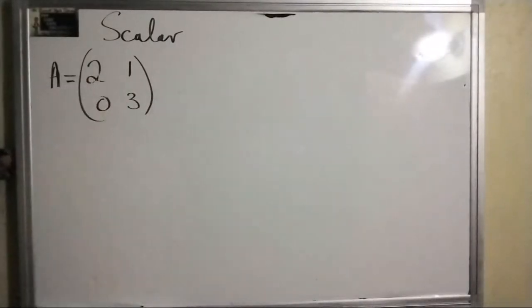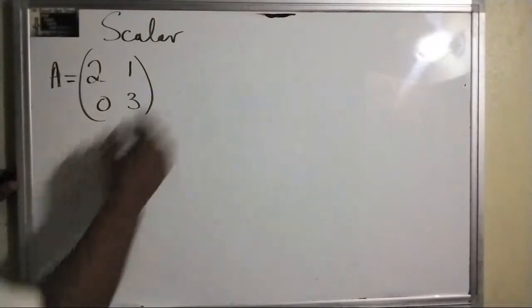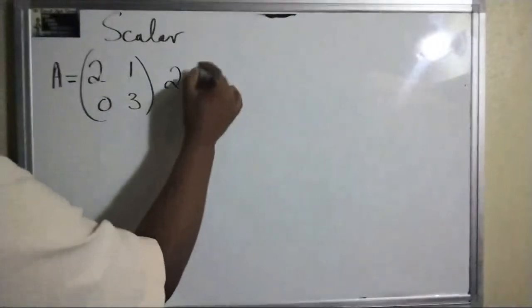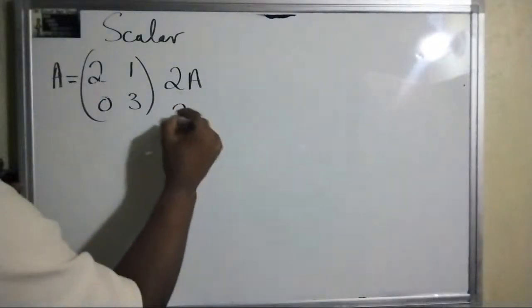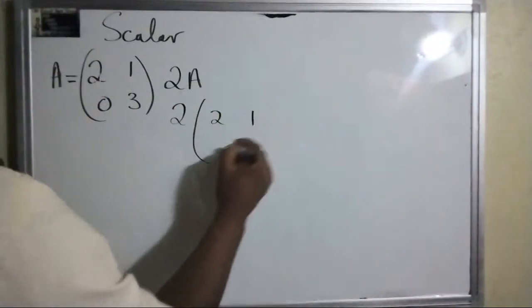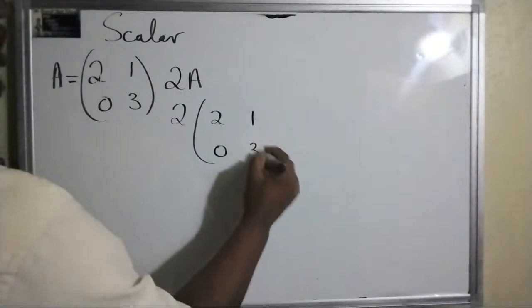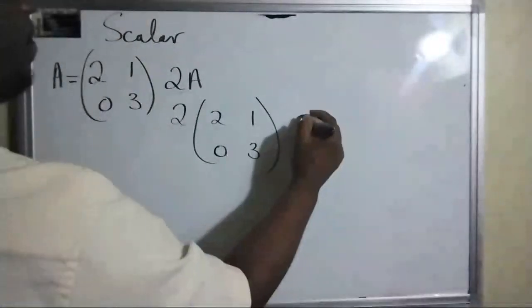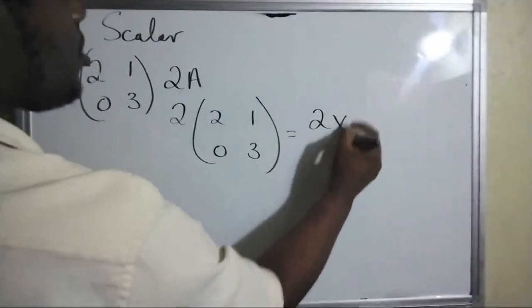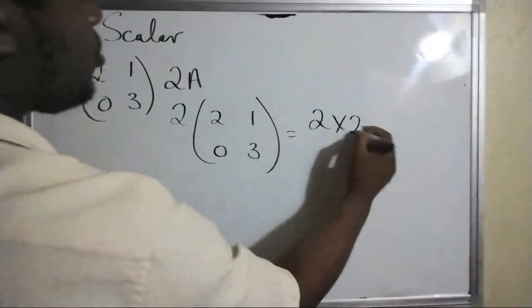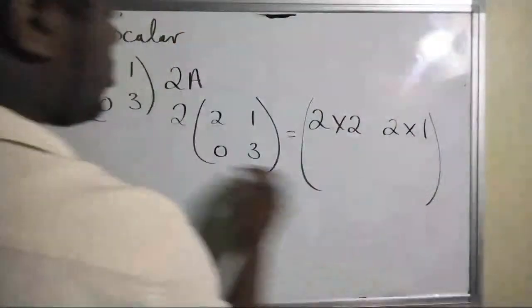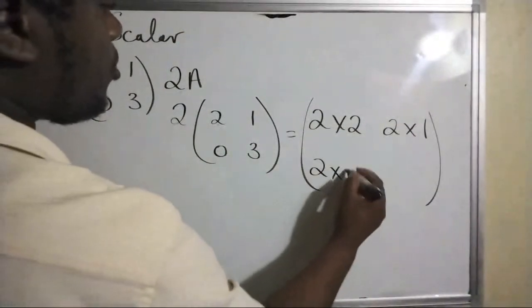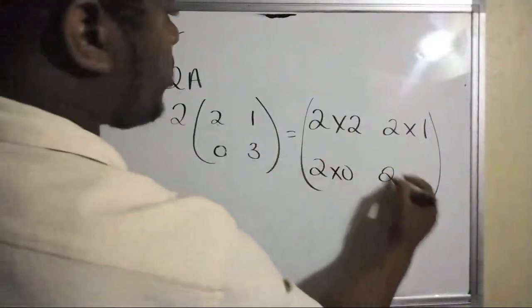Alright, so let us look at 2 times A and then 2 times 3 and see what it actually means. Let us say they ask us to find 2A. This is the scalar, so it will be just 2 times this. What it actually means is 2 times each element. So it's 2 times 2, 2 times 1, 2 times 0, and 2 times 3.